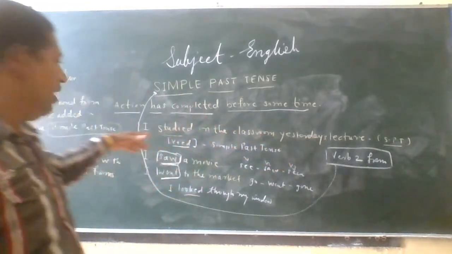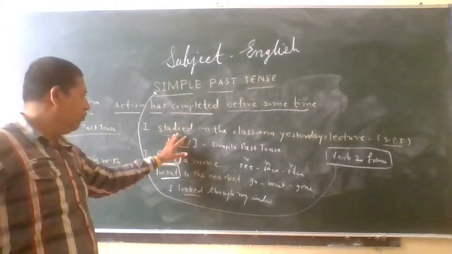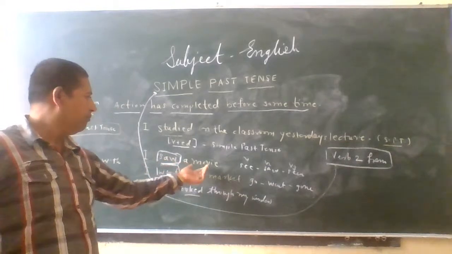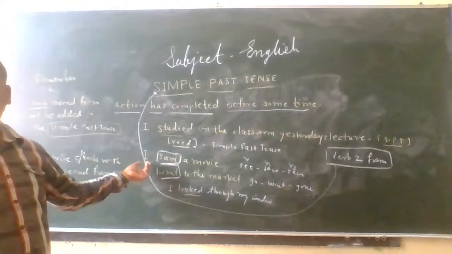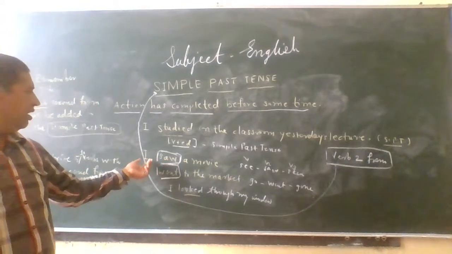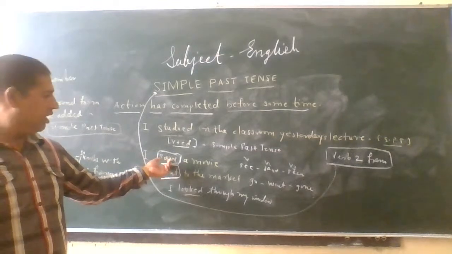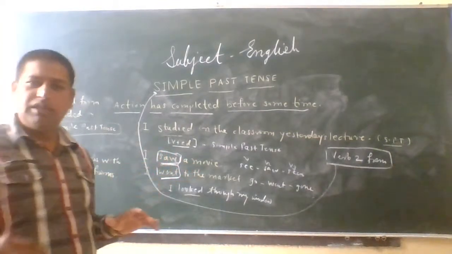Only I remind you once again: subject plus verb second form plus object. I saw a movie, a very easy, simple sentence. I is the subject, saw is the past tense, and a movie is the object.